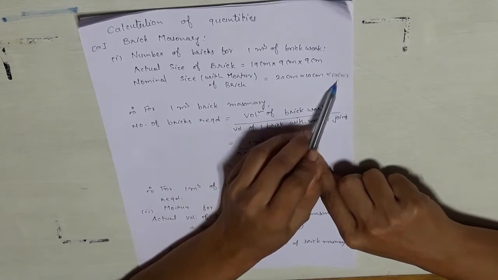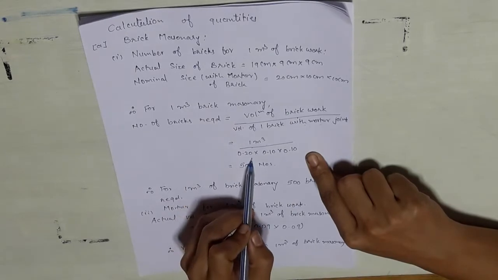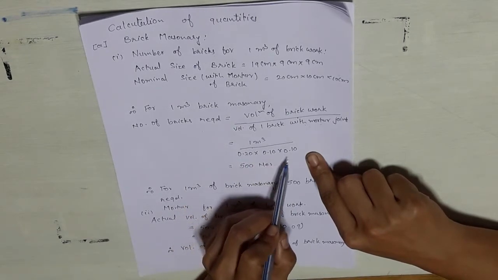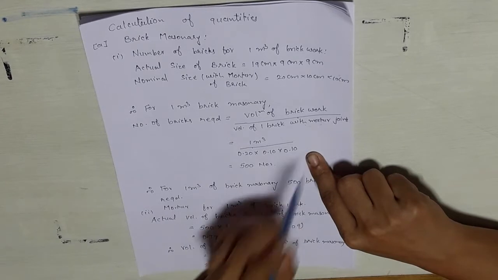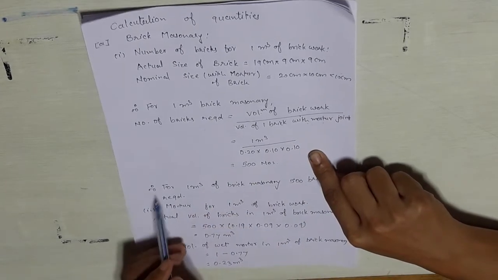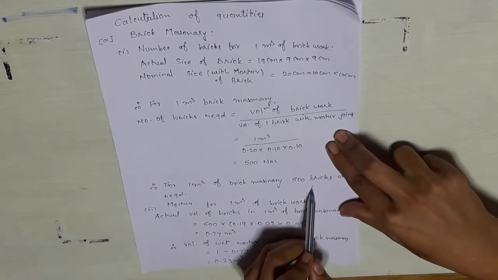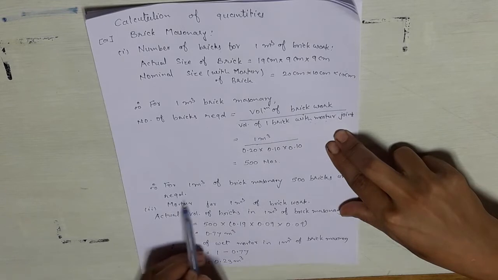Converting into meter, that is 0.20 by 0.10 by 0.10 meter. So that comes to 500 numbers. Therefore, for 1 meter cube of brick masonry, 500 bricks are required.